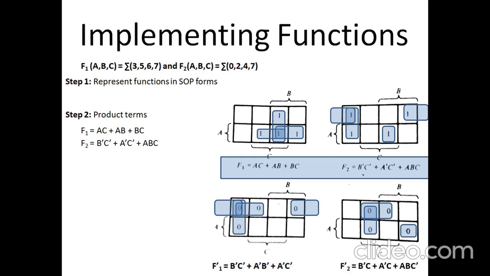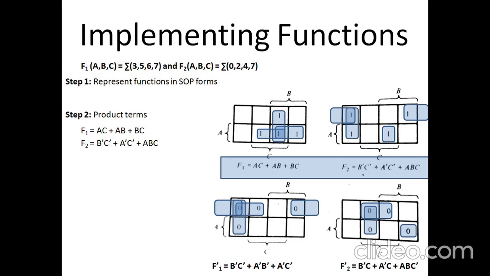Now, if we consider F1 and F2 in the normal form as highlighted in the slide, we get F1 equal to AC plus AB plus BC, and F2 is equal to B prime C prime plus A prime C prime plus ABC. So these are the two functions represented in the sum of product form.